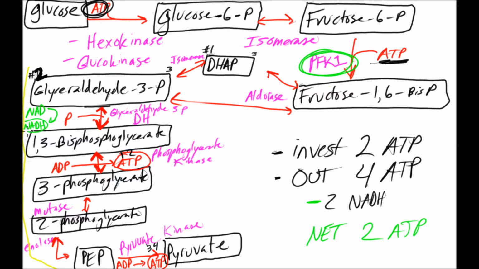We make 1 here when we run our glyceraldehyde 3-phosphate, and then we make another NADH molecule once we convert our DHAP into our glyceraldehyde 3-phosphate and run it again. So we actually make 2 molecules of this NADH.